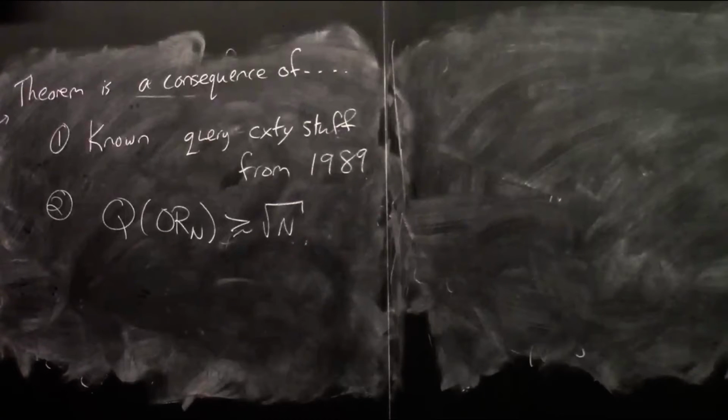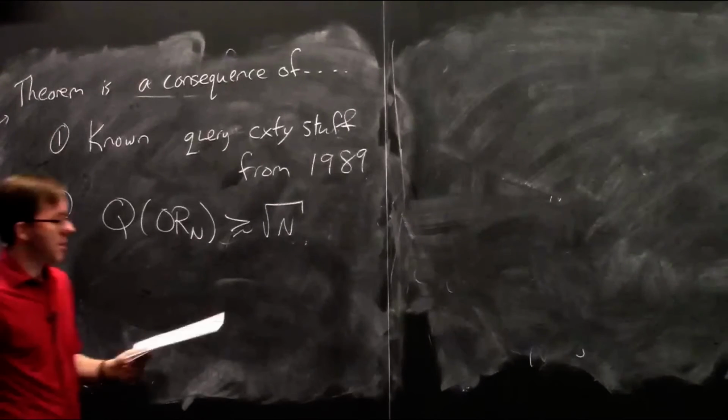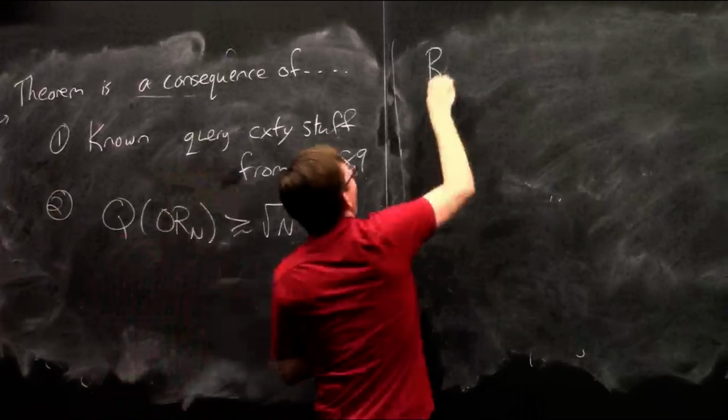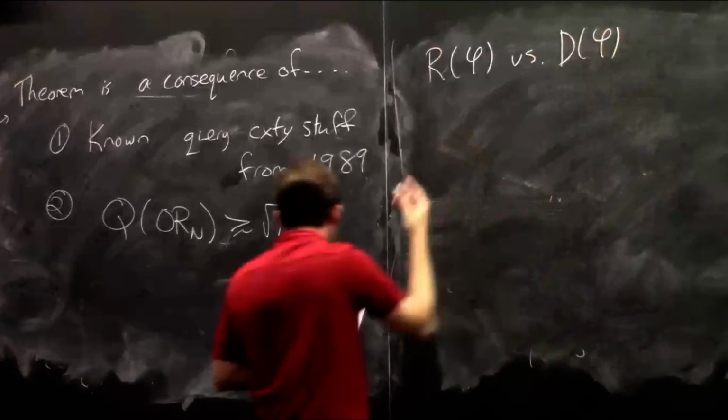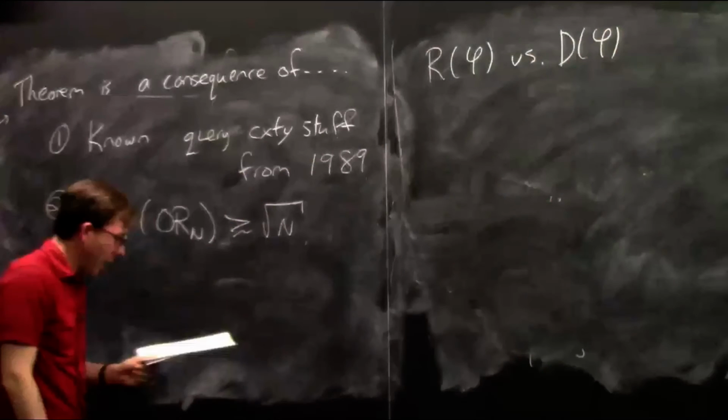And quantum is kind of like the randomness of the 90s and 2000s, rather than of the 70s and 80s. And indeed, back in the 70s and 80s, they were asking all these same query complexity questions, just about what is the power of randomness. So indeed, this R of phi versus D of phi problem was studied in the 80s and 90s.